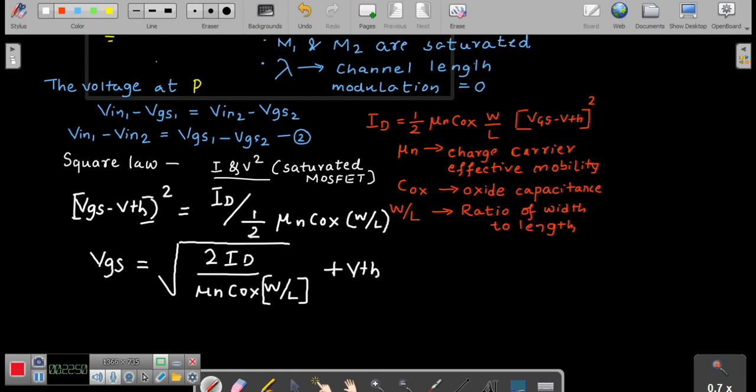So this let me call equation number 3. I have got an expression for VGS.